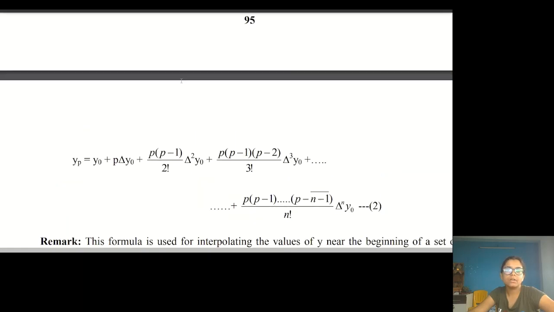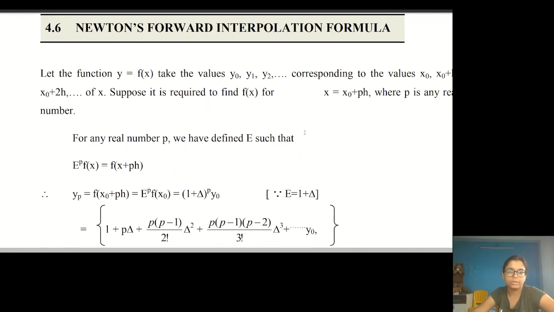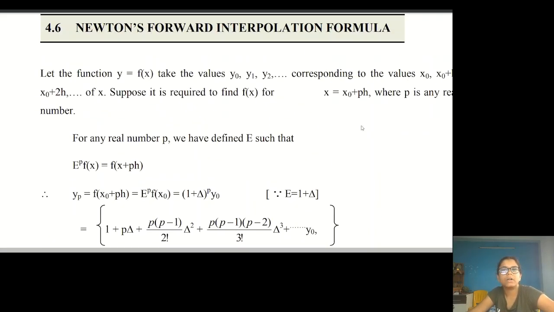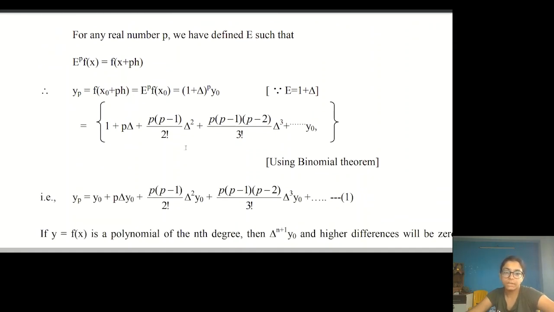Now this was the forward interpolation formula. This was Newton's forward interpolation formula. In the first video I explained what interpolation was. We took that situation and found the value of x equal to x0 plus ph, which was then used here.